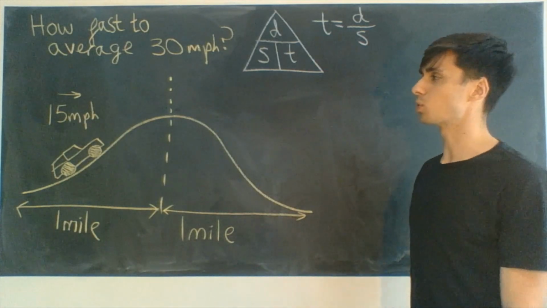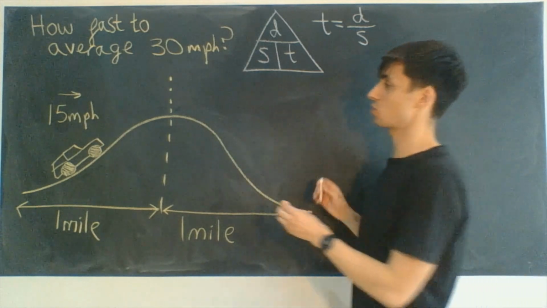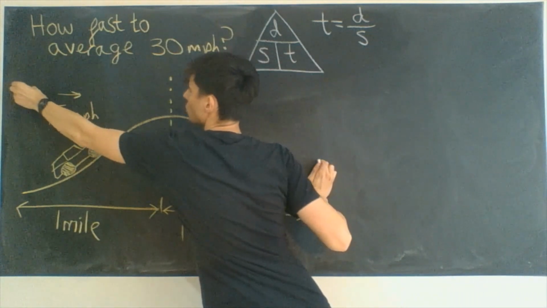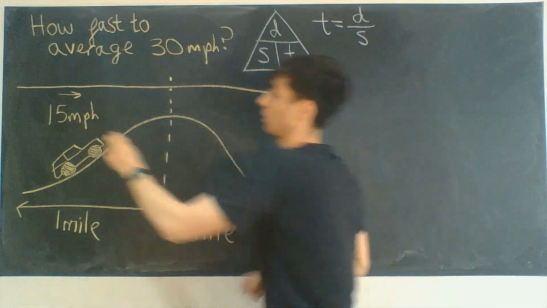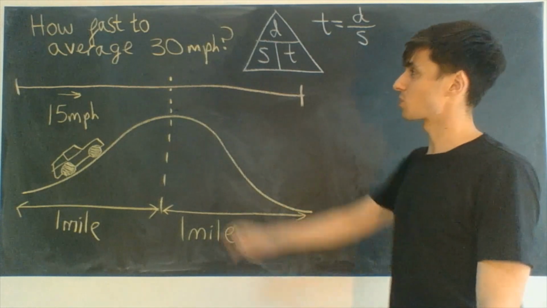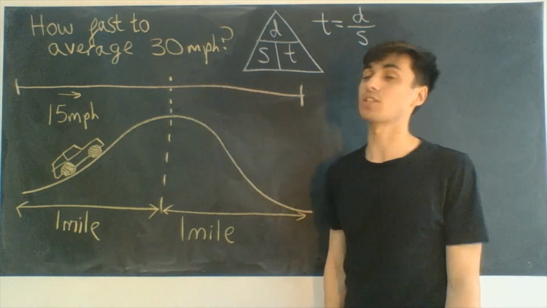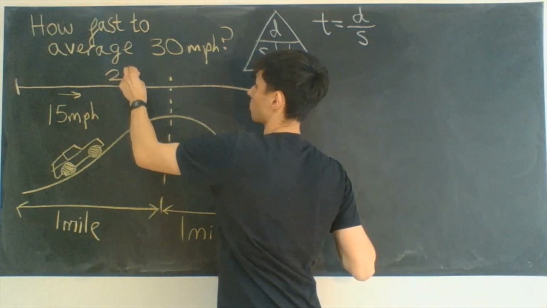So first of all, if we think on a larger scale, for our entire question, our whole 2 miles, all the way, my line's a bit wiggly, but for my whole 2 miles, I'd like to average 30 miles per hour, and this distance is 2 miles.